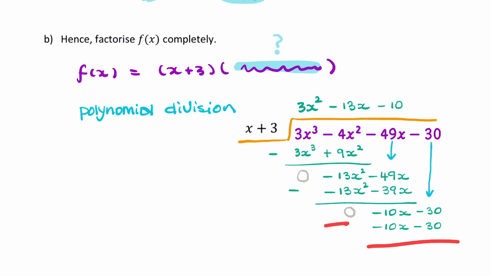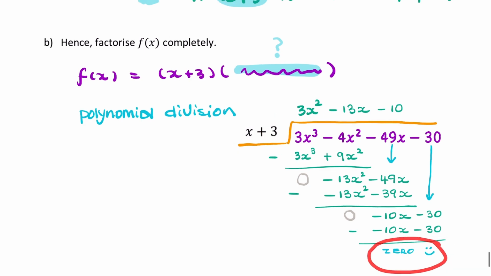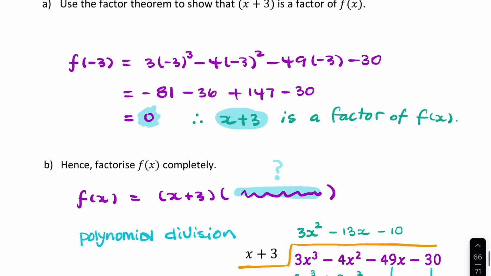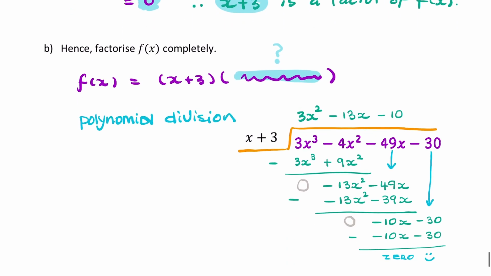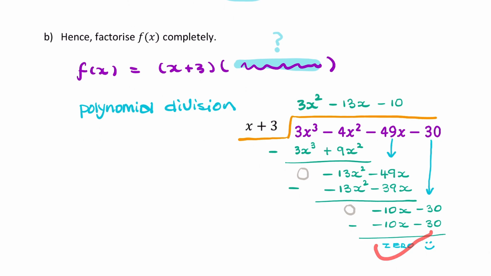Again, you subtract these two, and as expected, you'll get 0, because we know that this is a factor, so there should be no remainder. That's what we found here. We found that there's no remainder, so this is as expected. And now this is the term that we were looking for.